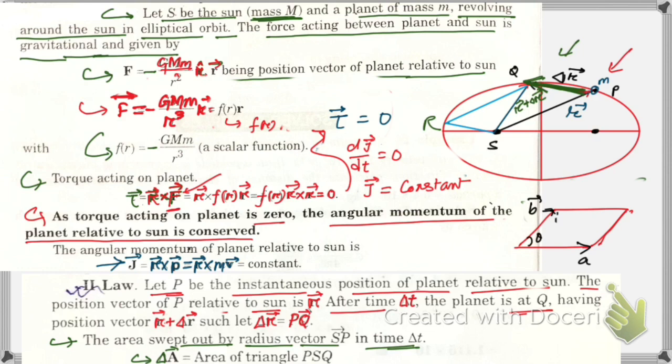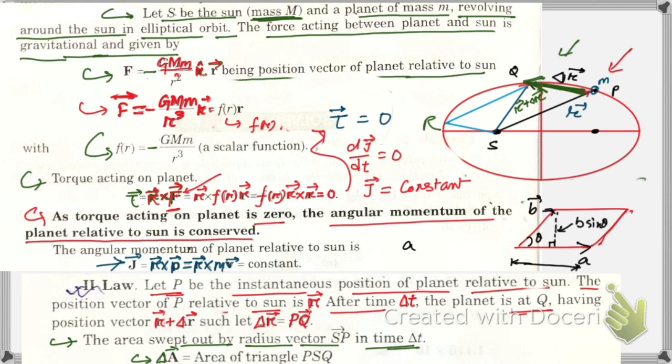We know the area of a parallelogram is given by base into height. Here the base is A, so its length is given by the magnitude of this vector, that is A, and this height, if you use trigonometry, will be given by B sin theta.